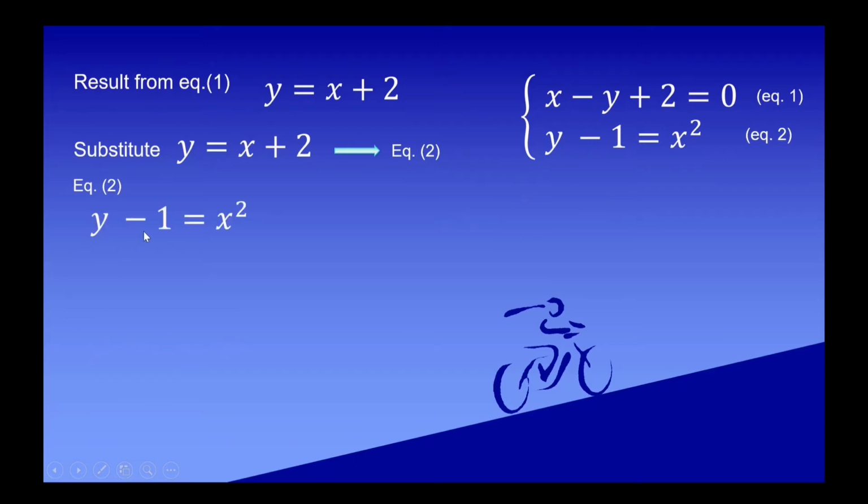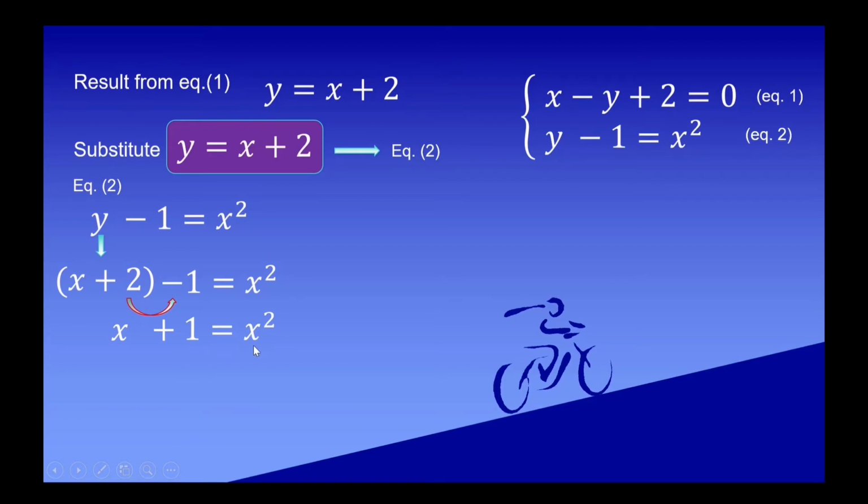So, our equation 2 is y minus 1 is equal to x squared. Then, the value of y is equal to x plus 2. Substitute natin sa ating equation 2. This time the value of y, x plus 2, minus 1 is equal to x squared. Then copy x, then 2 minus 1 is 1, is equal to x squared.